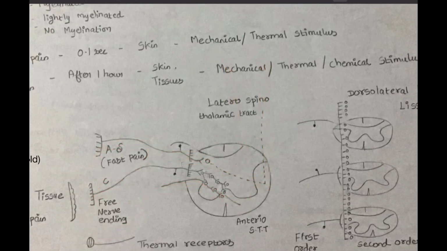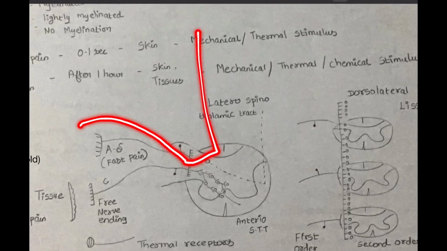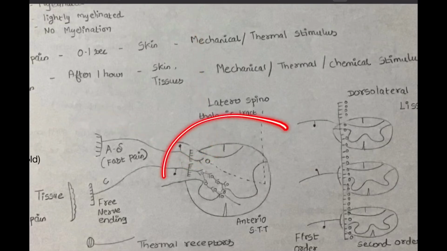But in the dorsal column we have seen that the sensory nerve fibers go through the dorsal root and meet the dorsal root ganglion, which is the first order neuron, and most of them go to the dorsal column and go upwards on the same side. You should note this here.